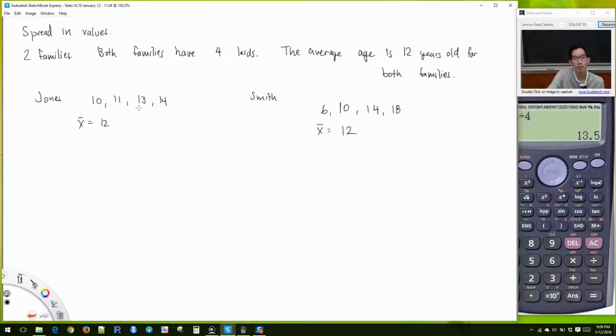But life in the Jones family probably looks quite different from life in the Smith family, right? These are both very plausible families of 4 kids, but life in each family probably looks quite different.